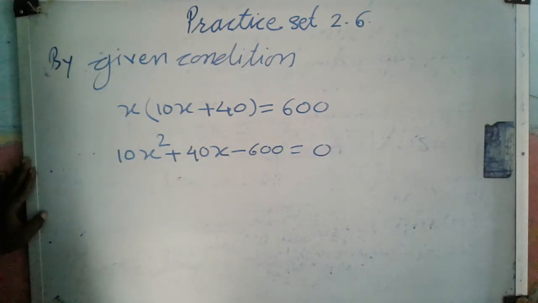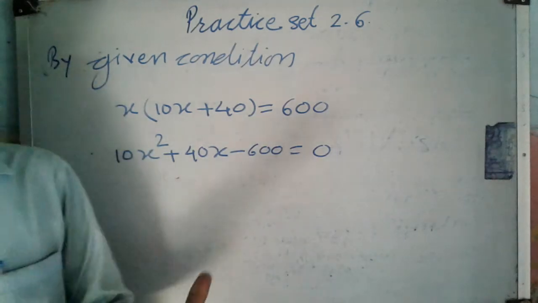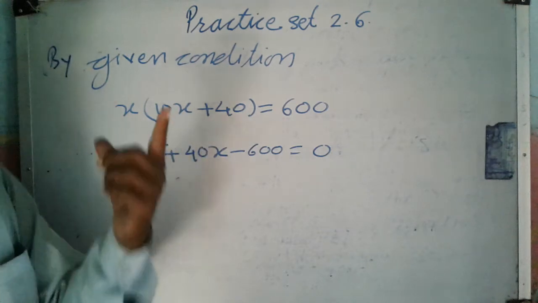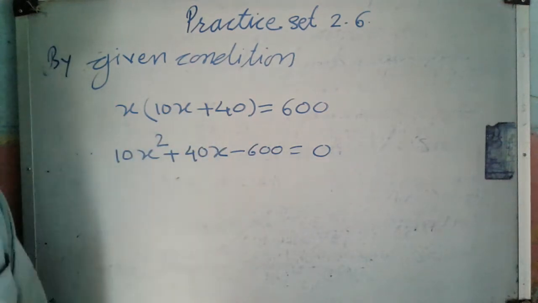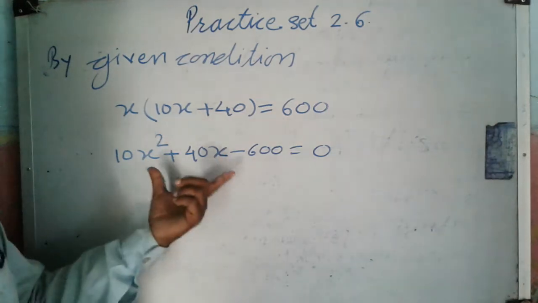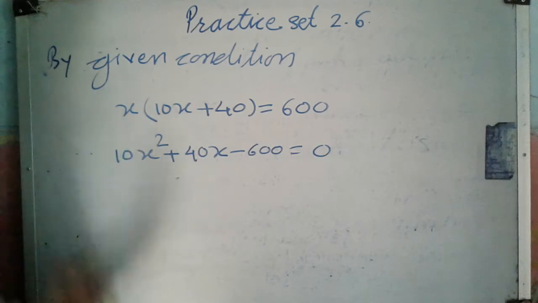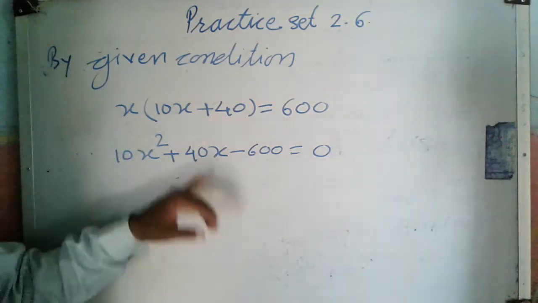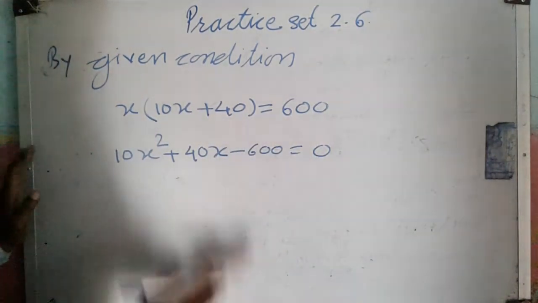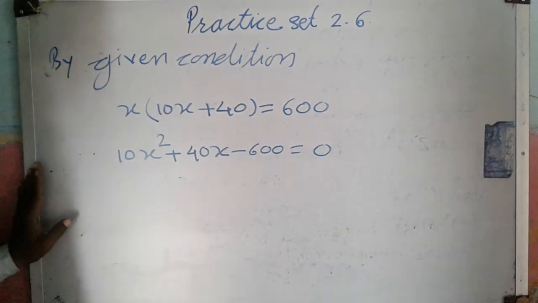Now here we have converted the given information into algebraic form, into mathematical form, and here we got a quadratic equation. Now we will solve this quadratic equation by our usual method, and we will find the value of x, and that value of x means the number of pots made per day. To solve this quadratic equation, first we will simplify this.